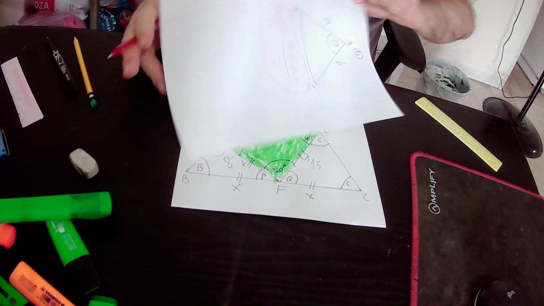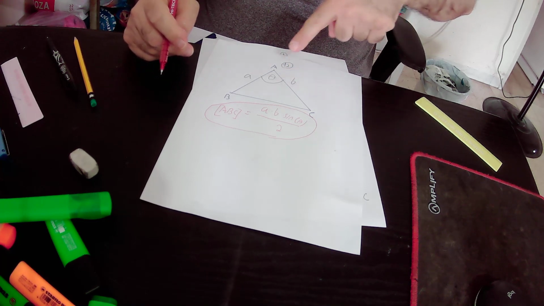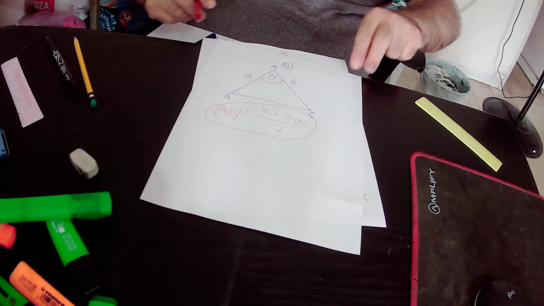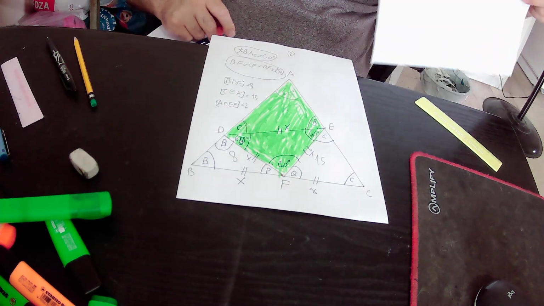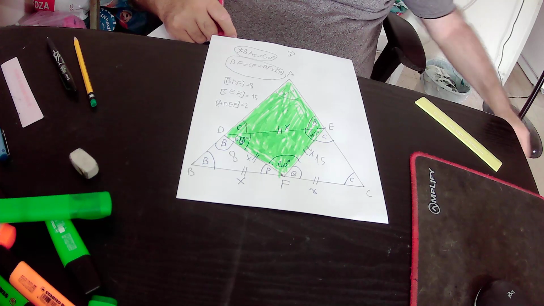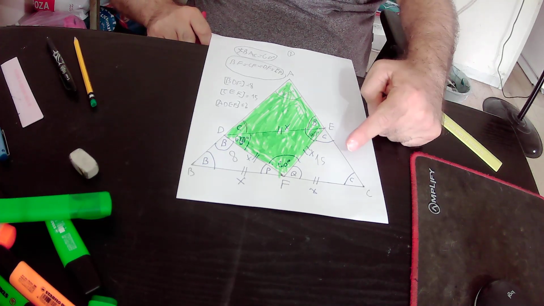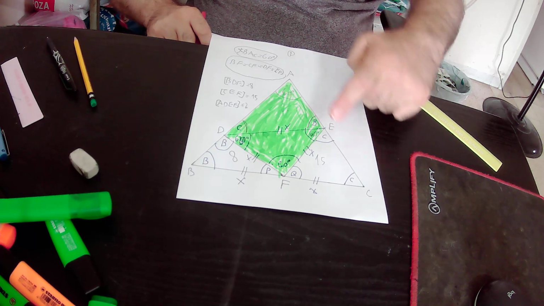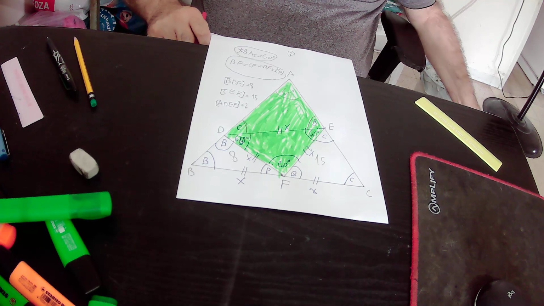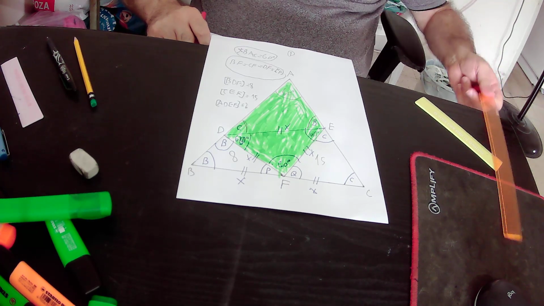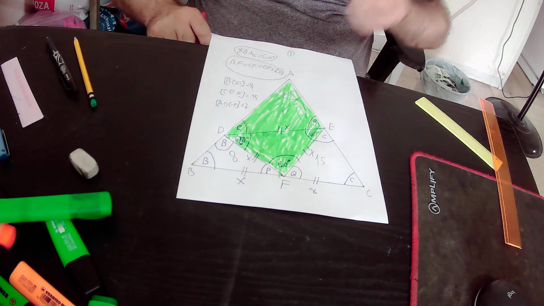Again, the area of this triangle ABC equals A times B times sine theta over 2. So we can use this formula in order to calculate the areas of triangles EFC and DBF, although we know that the area of triangle EFC is 15 square units and the area of triangle DBF is 8 square units.